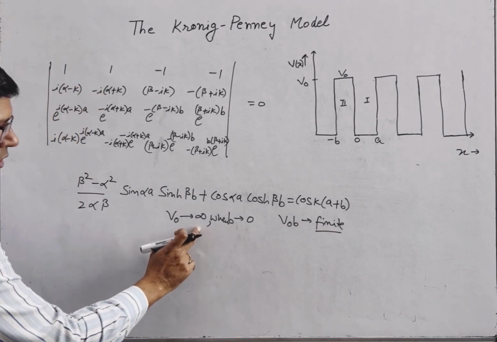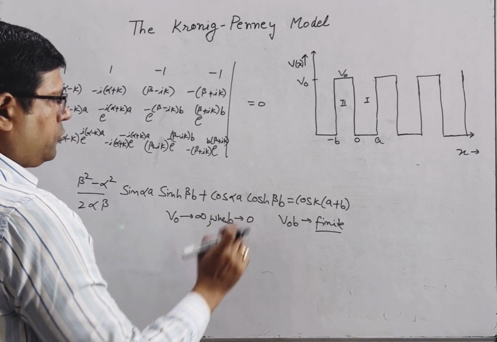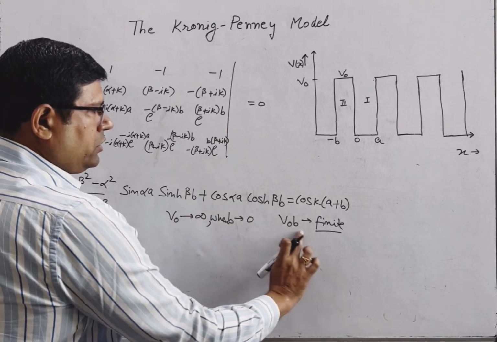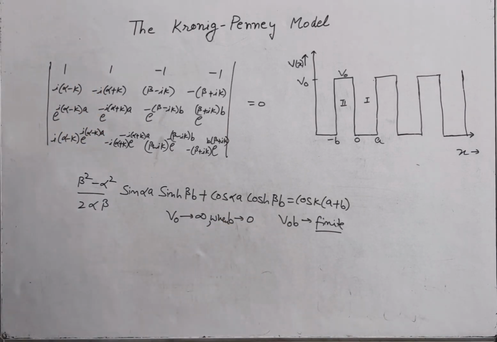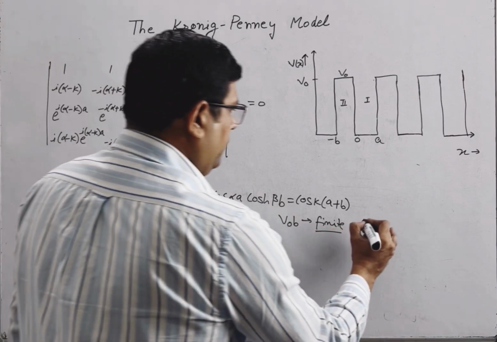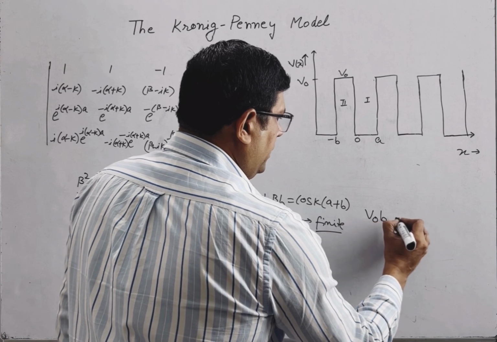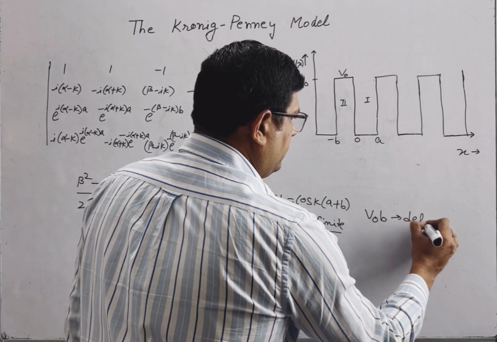And this V naught b is called the delta function.